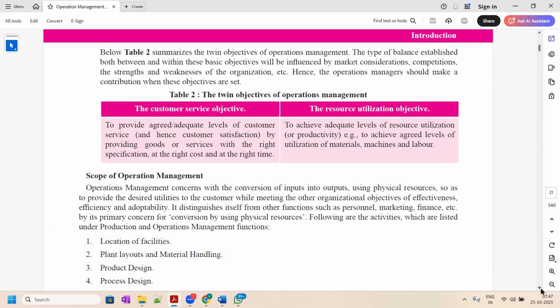When we talk about resource utilization, the goal is to make sure that the company uses resources like material, machines, and labor efficiently, achieving high productivity by avoiding wastage and making the best use of available resources. You are getting this, guys? So the two objectives of operation management, customer service and resource utilization, should be balanced.